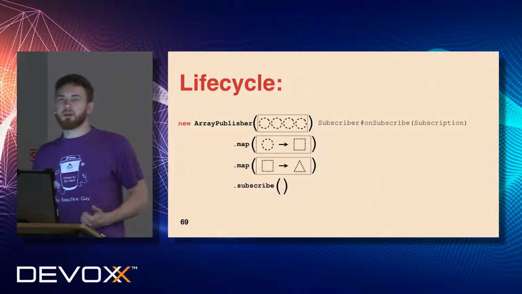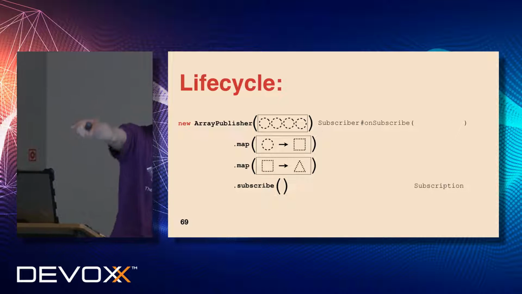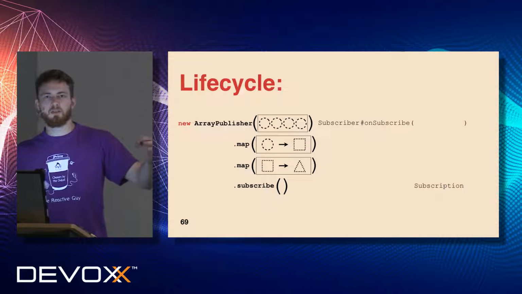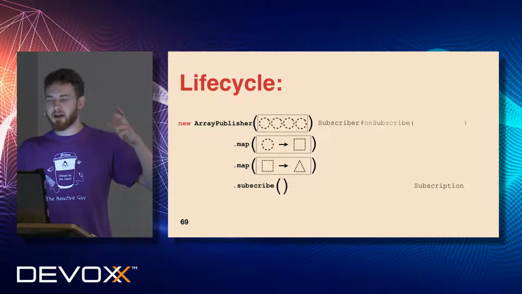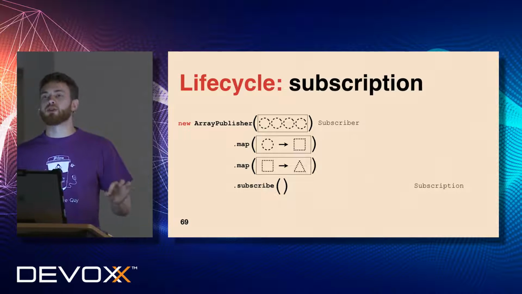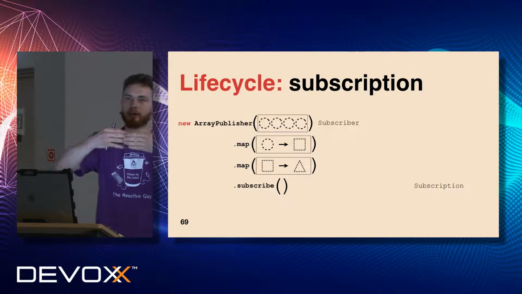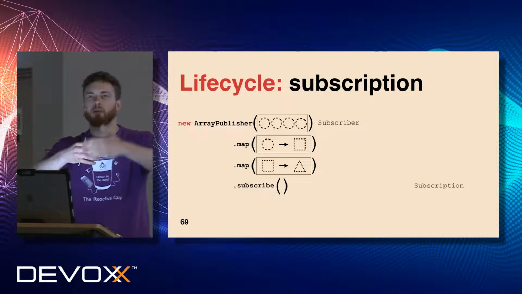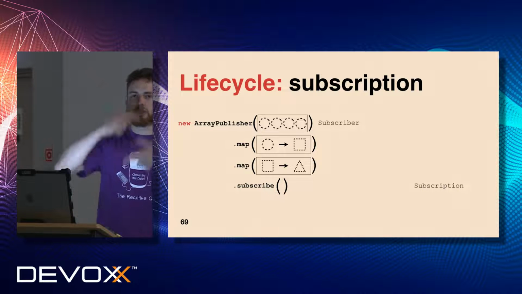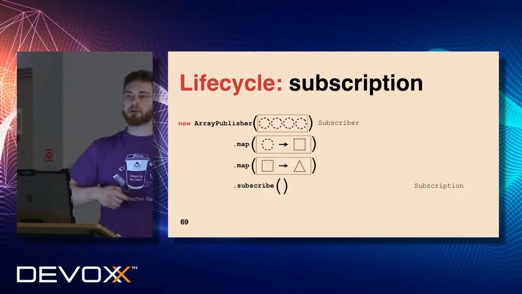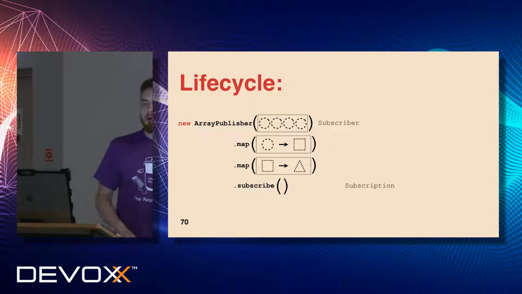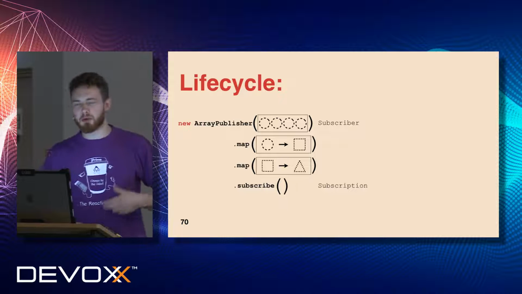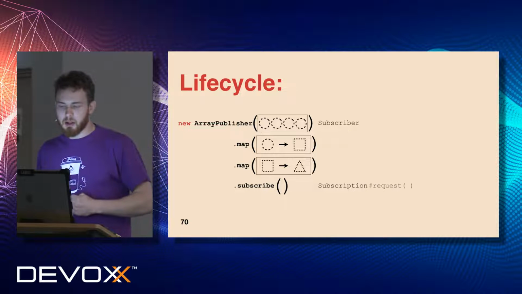So once it called onSubscribe method, it will send a subscription to our subscriber. At this point in time, we made a first handshake. And this handshake is called subscription time. So first we assembled our pipeline. We got a subscriber, we got a handshake, which is called subscription, because this is just an exchange of subscriber versus subscription.